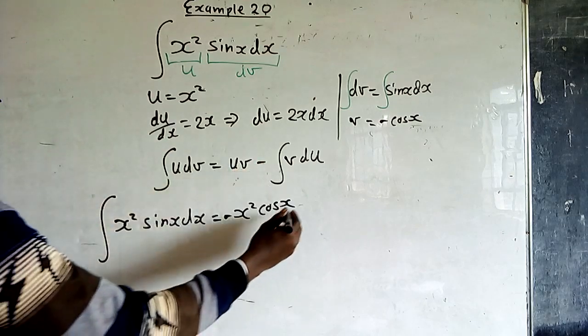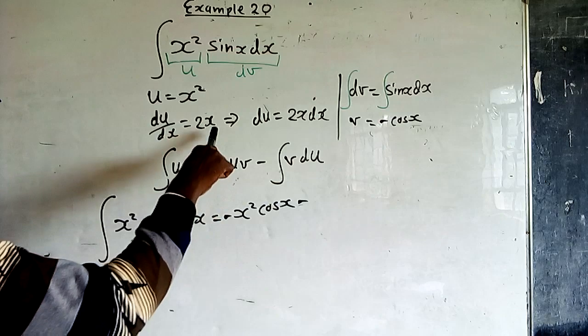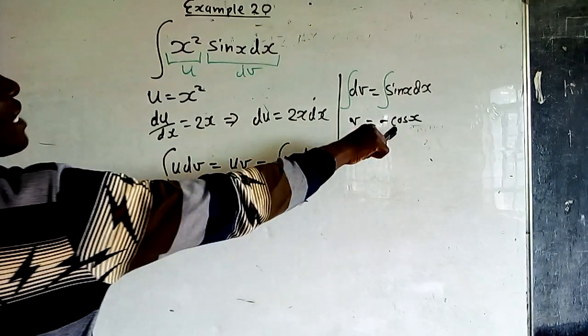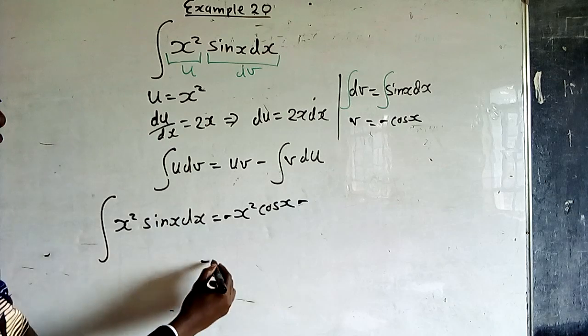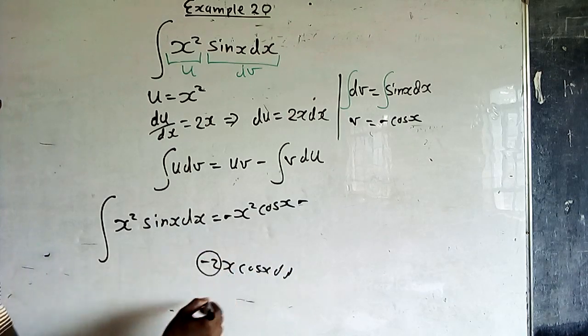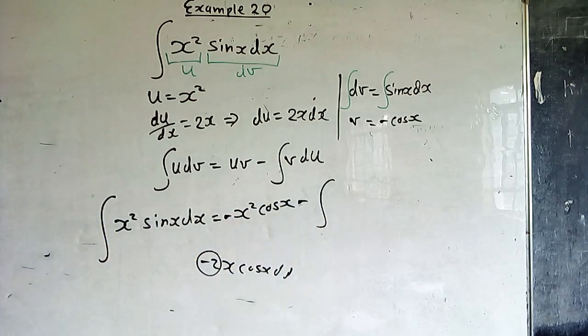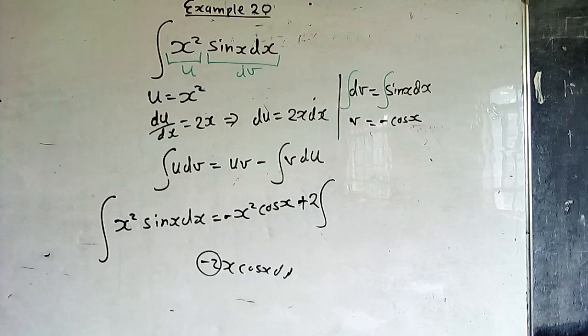Then minus the integral of v du. Can you multiply v and du? It is 2x dx times negative cos x. So what do you get there? You get negative 2x cos x dx. It means you take negative 2 outside, isn't it? So if you bring negative 2 outside, the minus changes to positive 2 because negative into negative is positive.